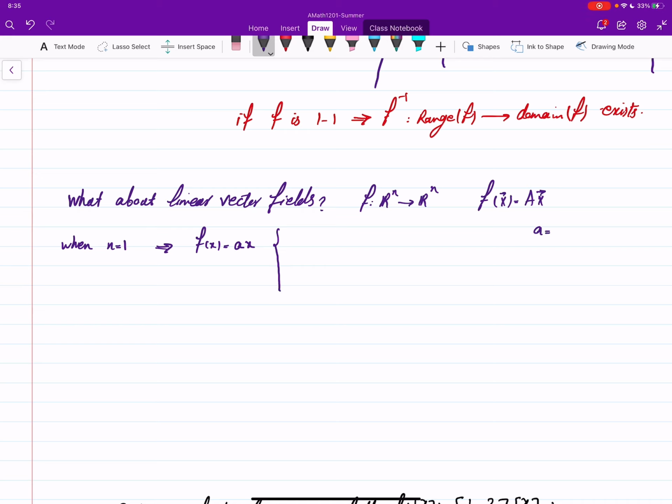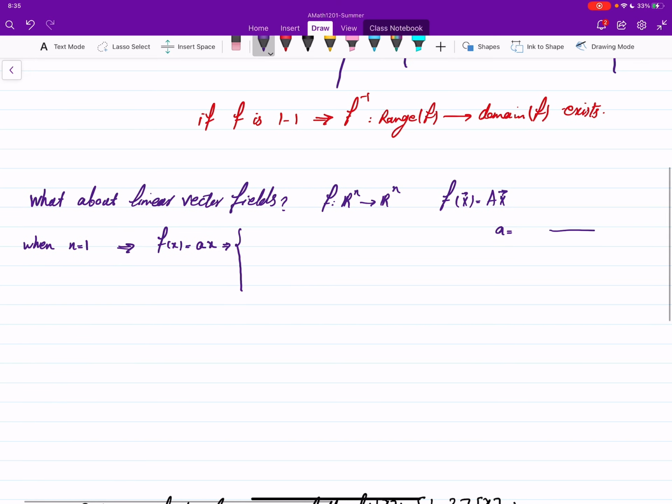This is a line. If you draw the graph of this, you notice that it's a line. And if A is not equal to 0, it will be a line passing through the origin with non-zero slope. And you notice that every value is taken only once. So that means that for A not equal to 0, this is invertible.